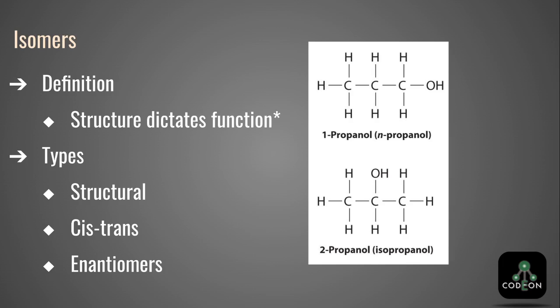And the three types of isomers that the AP biology curriculum teaches is, first, it's structural. So this is just a different arrangement of atoms. As you can see in the picture on the right, there's 1-propanol and 2-propanol.